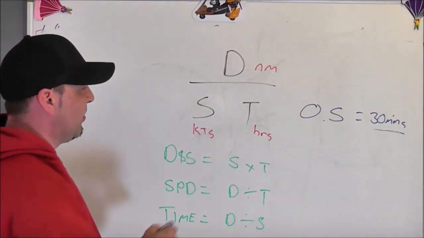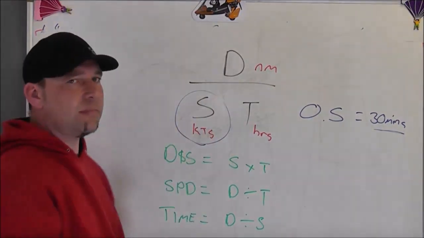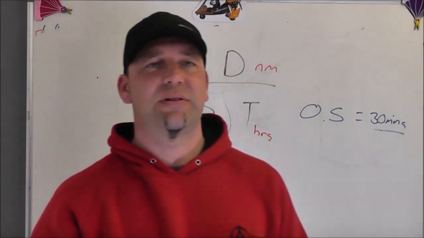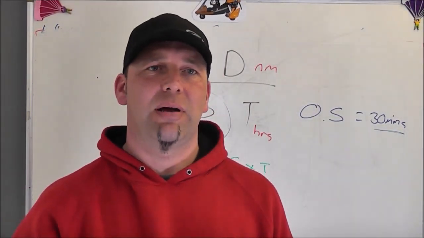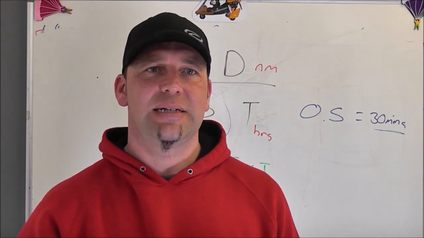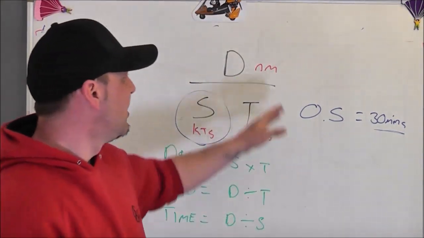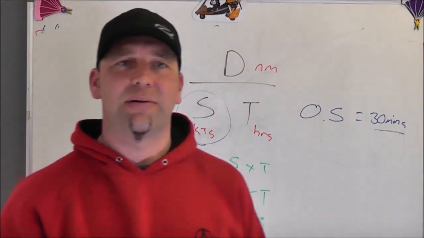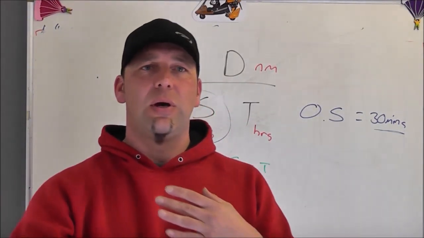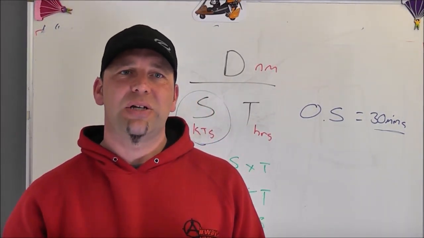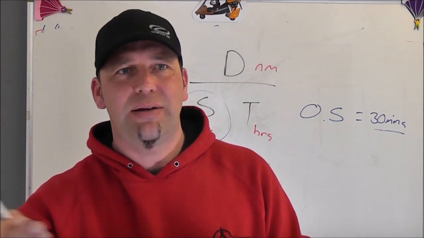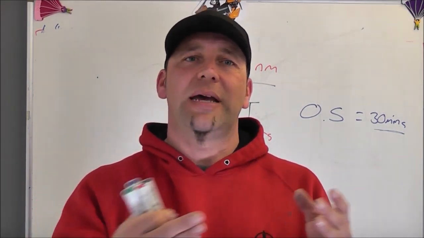The other thing that people get wrong is speed. Most of us flex wing pilots, our airspeed indicator is in miles per hour, but our maps are in nautical miles. So we need to do a simple equation in order to convert miles per hour into knots.